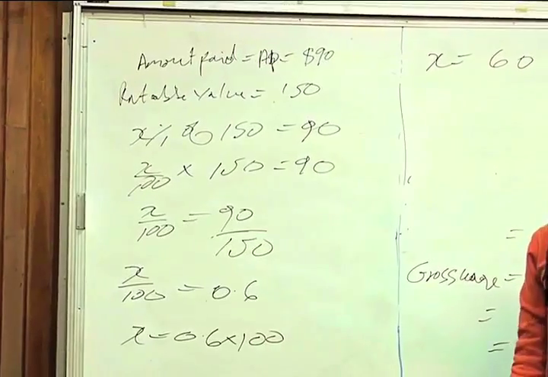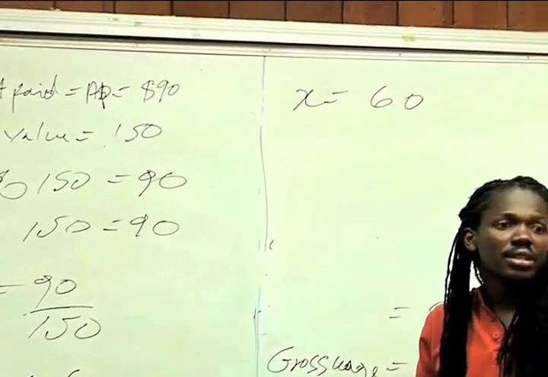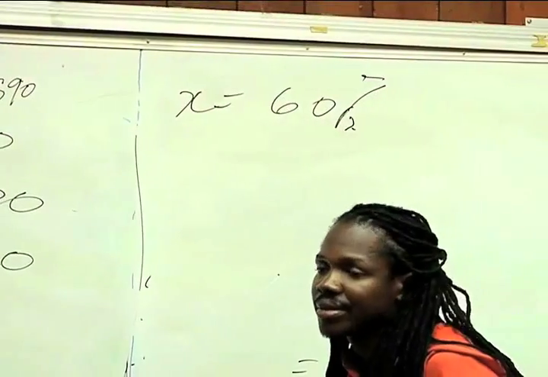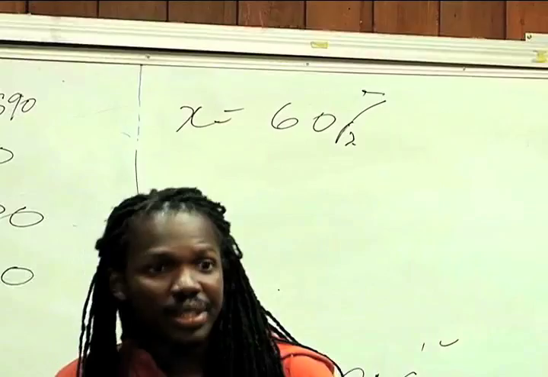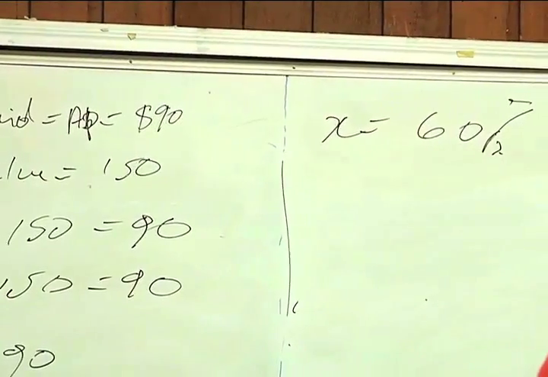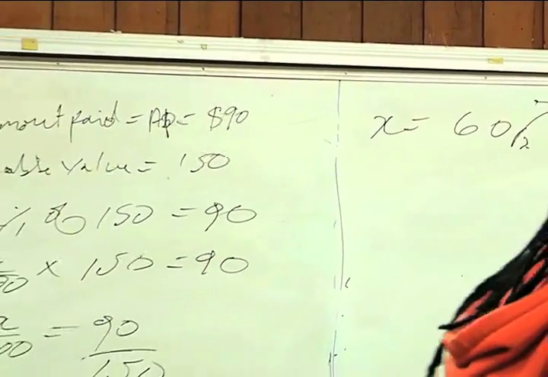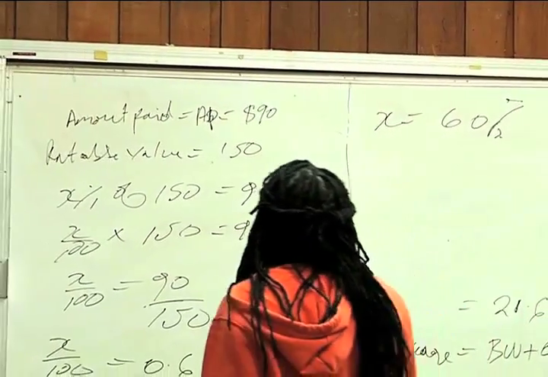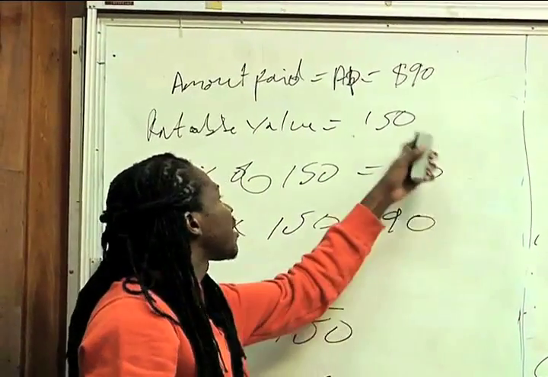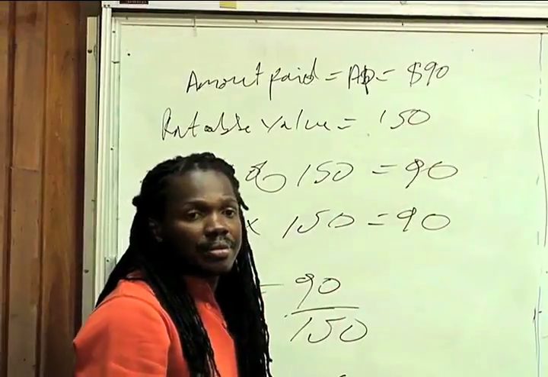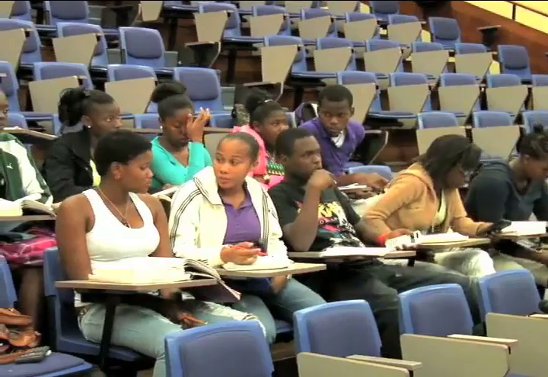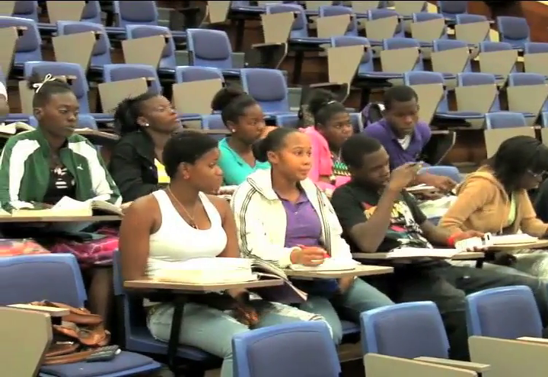Dollars? You can't have a $60 rate. 60%. The rate is in percent. He actually paid $90, which is 60% of the value. That's why it was 0.6 right here: 0.6 is 6 over 10, which is 60 over 100, which is 60%.